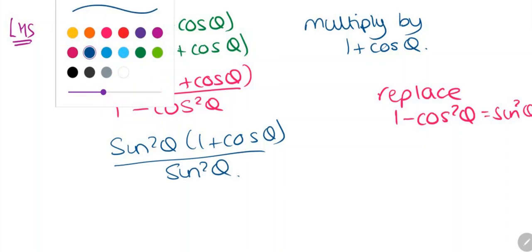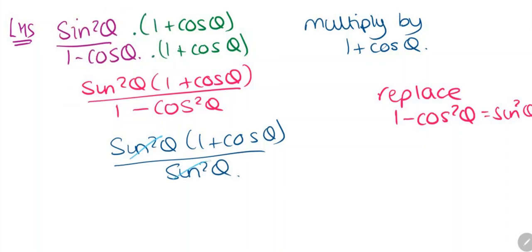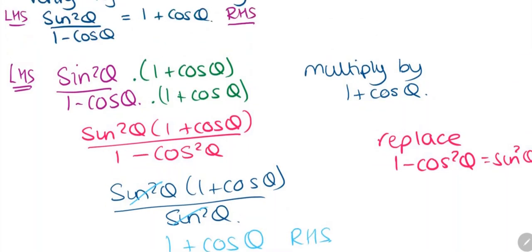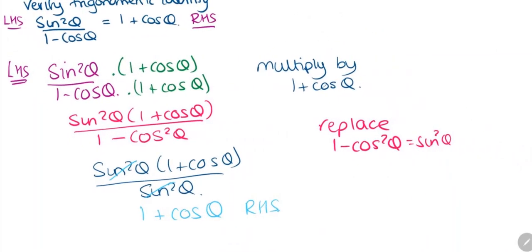So now my sines will cancel, and I'm left with 1 plus cos theta on the right hand side, which is what we wanted. Sorry, that's the right hand side, and I have 1 plus cos on the left hand side. So they are equal.